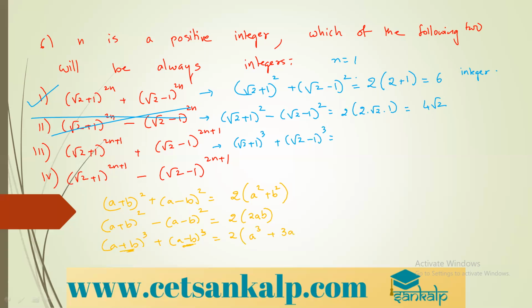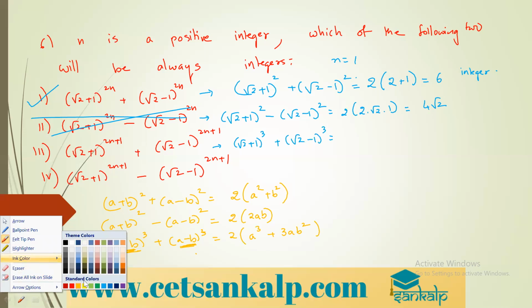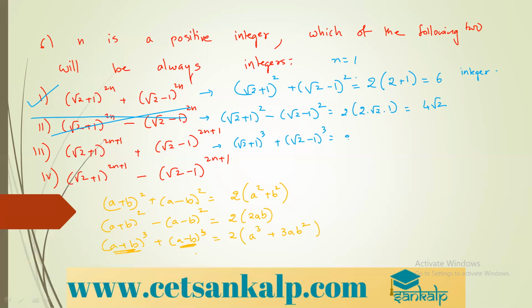That will cancel. So 3ab square, because here I have 3ab square, here also I have 3ab square, that will remain. And b cube also will cancel. So this is the formula I have. When I apply here, I will have 2 times (root 2 cube, 2 root 2 plus 3 into a is root 2, b square is 1). Obviously, this is also not an integer.